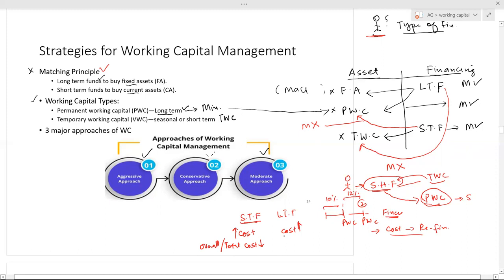But in this situation, since you have committed this loan, maybe this year you need working capital, so it's okay. Maybe next year you don't need that, but since you have already taken a loan, you will also have to pay the cost of this period.